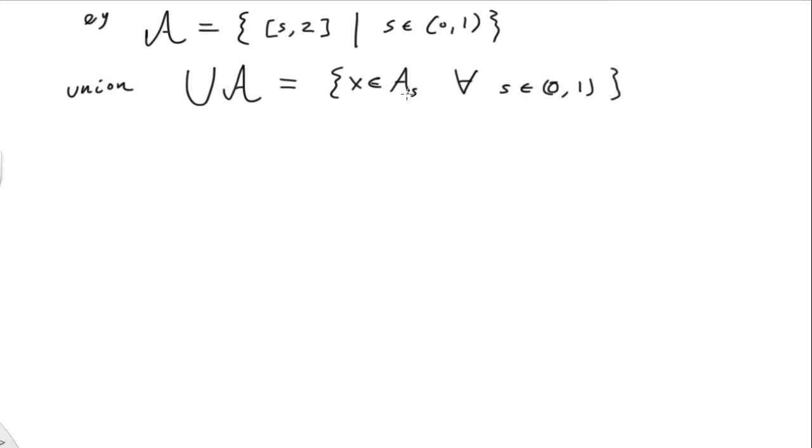Okay. I should actually be a little bit more precise here. I'm being a little vague. That's not quite right. For some s in 0 to 1. Okay, it could be any s, and of course this is a larger set than the intersection.